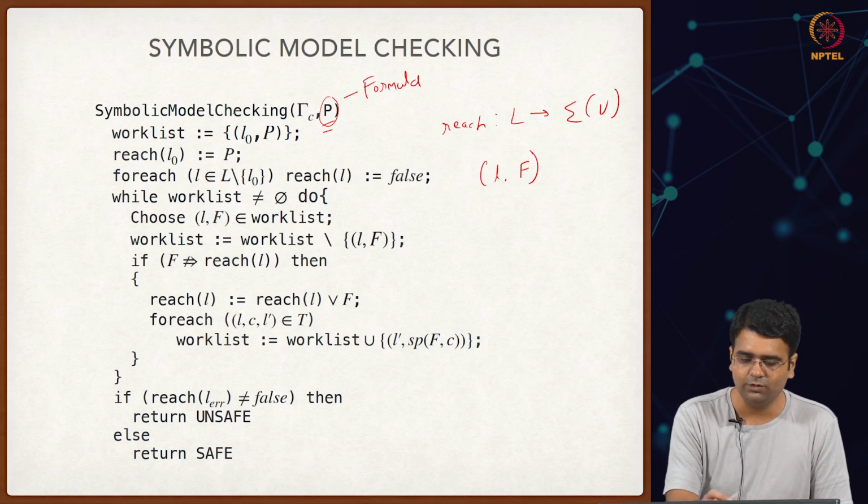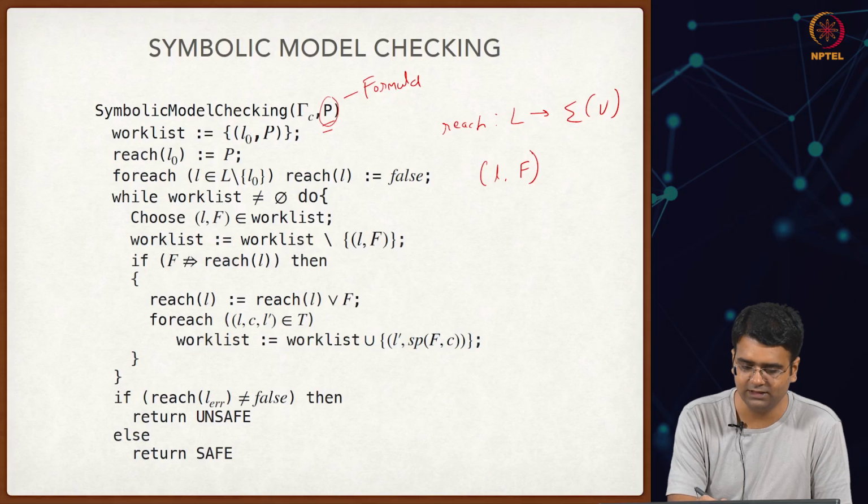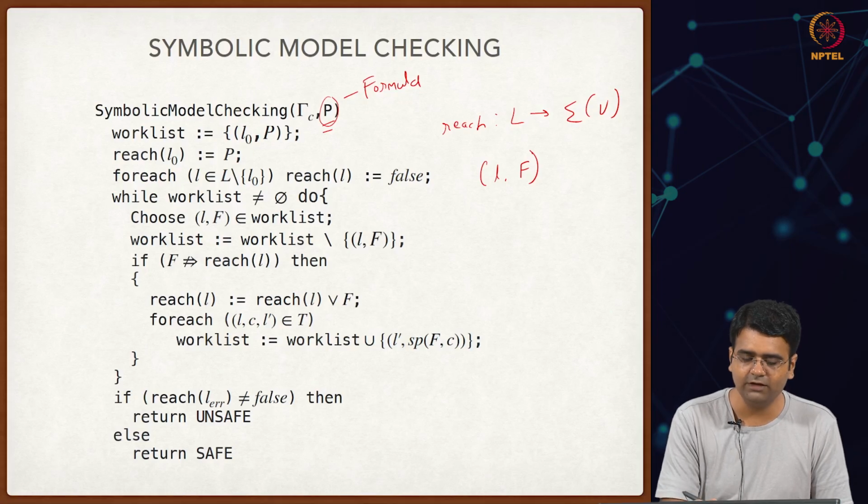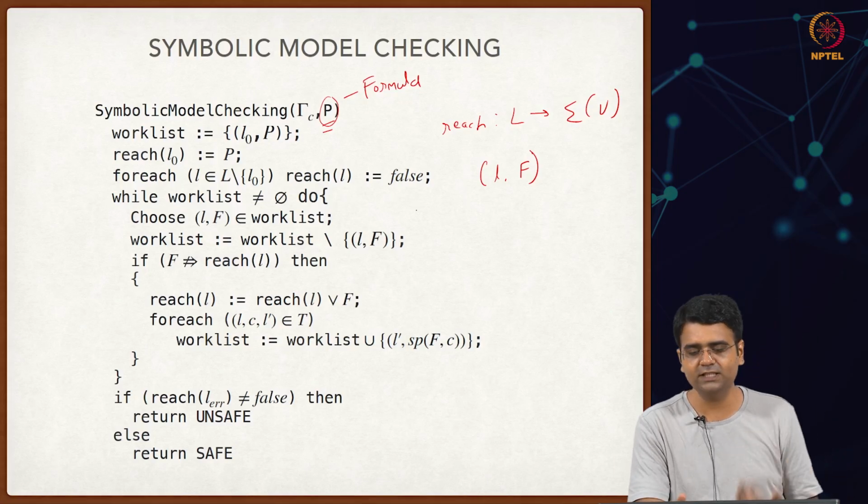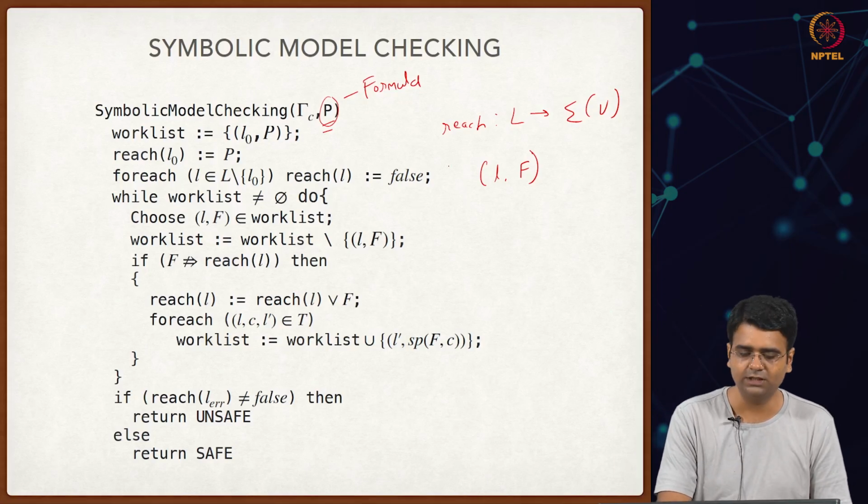The work list will be initialized to the pair L0 comma P, meaning that all program states which are encoded by the formula P are reachable at the start location L0. We initialize reach of L0 with P, and for every other location we initialize reach of L with false, meaning that at every other location except L0 so far we have not discovered any reachable program states.